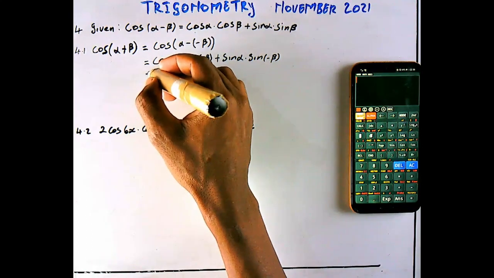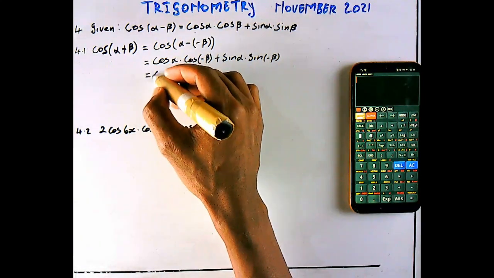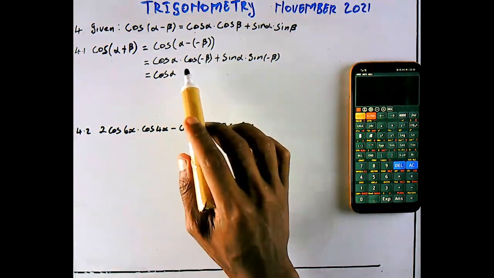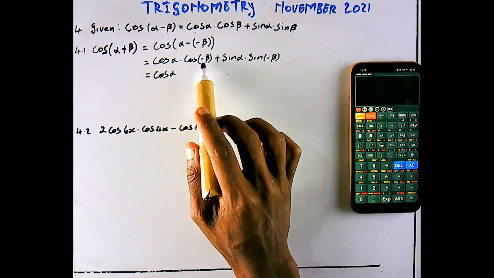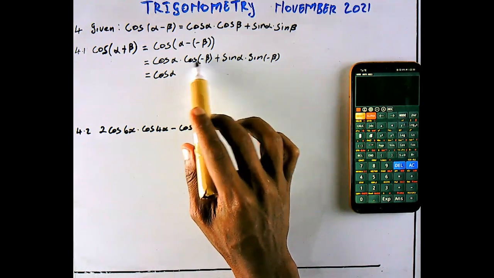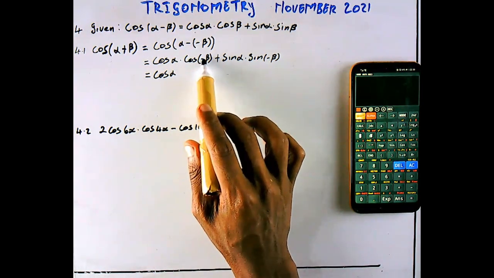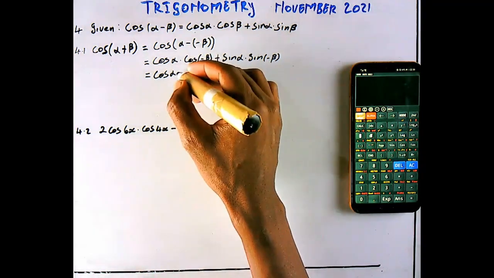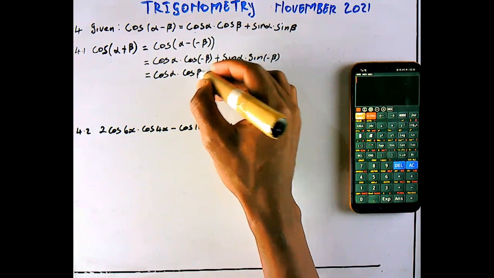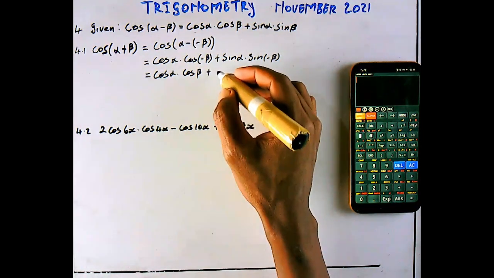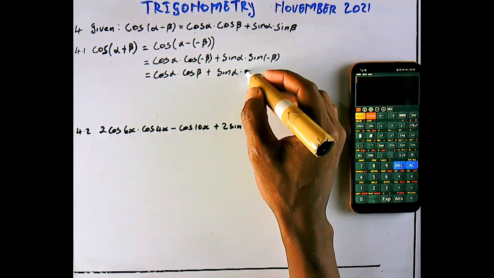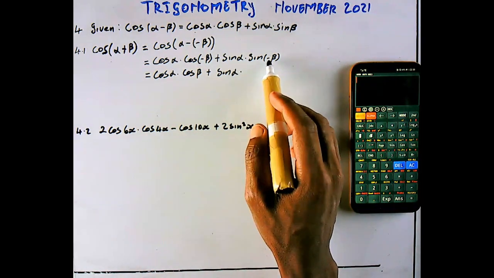So here we are going to have cos alpha, and then cos negative angle is the same as cos positive angle. It doesn't carry the negative sign, so we write it the way it is, cos beta, then plus sine alpha multiplied by sine negative angle.